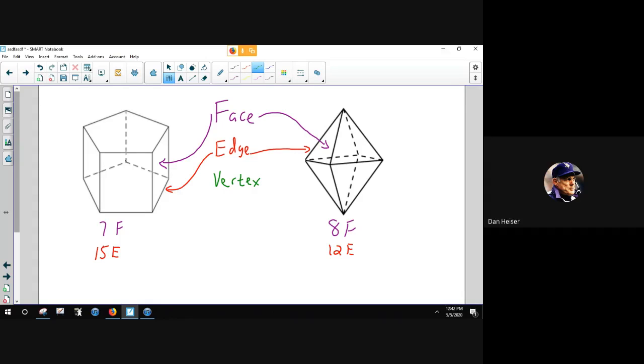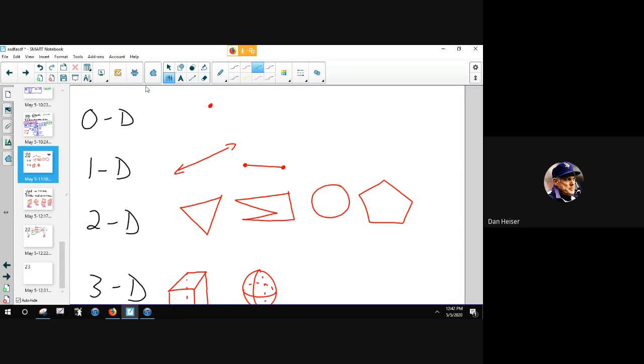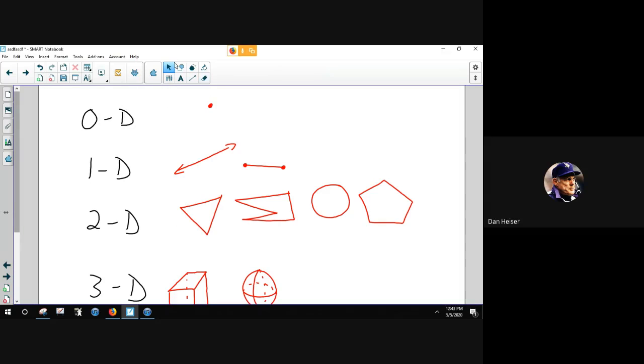And then a vertex. Vertex is just where 3 edges come together. In a polygon, 2-dimensional world, let's go back there for a moment. Back to this 2-dimensional world. This vertex has 2 segments.